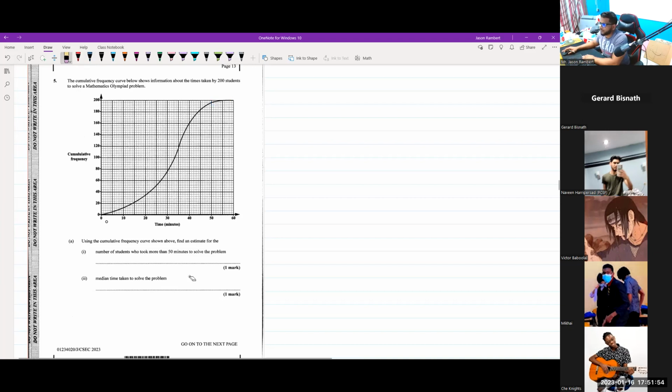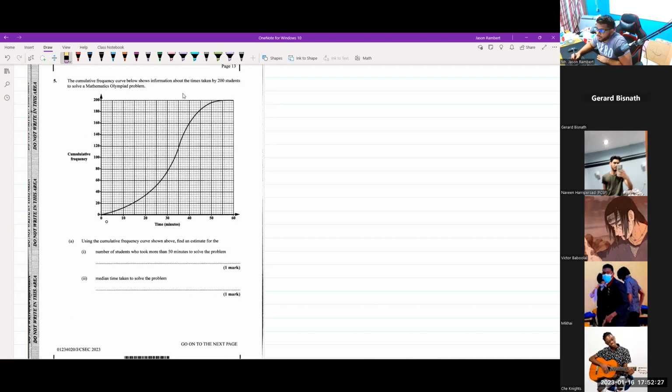Now, that is going across to 80, 85, 90, 95, 200. What was the scale for this? 80, 1, 2, 3, 4, 5.